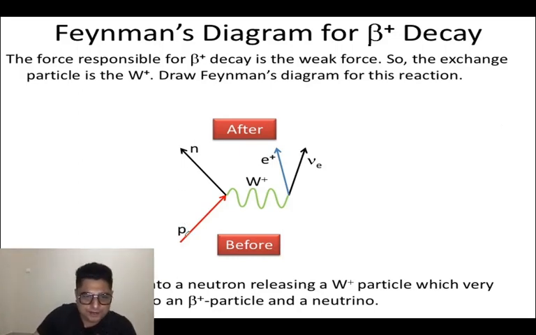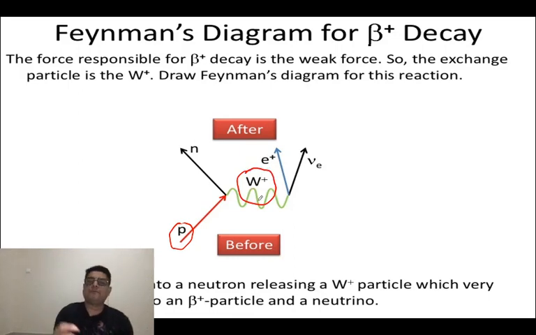You can see over here, once again, the pre of the reaction. The pre-situation of the event is being mentioned over here, where the proton tries to move, and there itself it generates a W plus boson. Once again, the W plus boson is the carrier of the weak force.